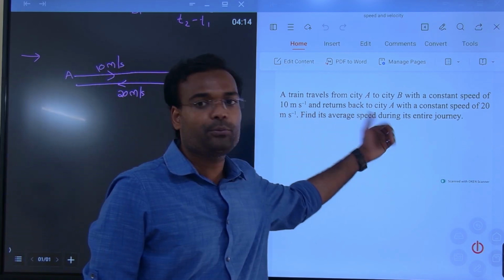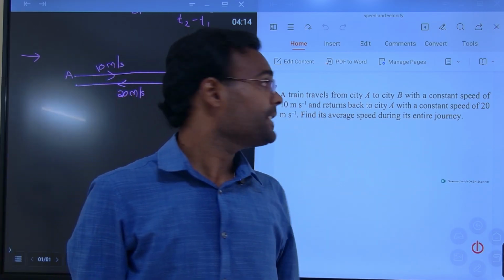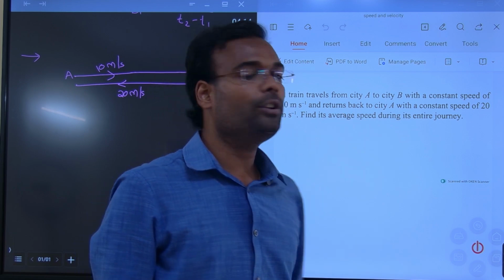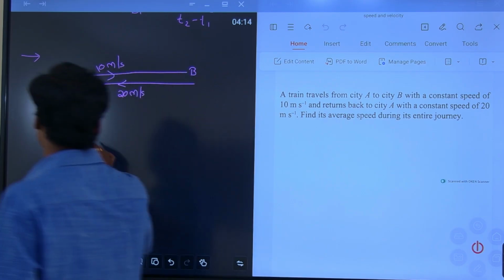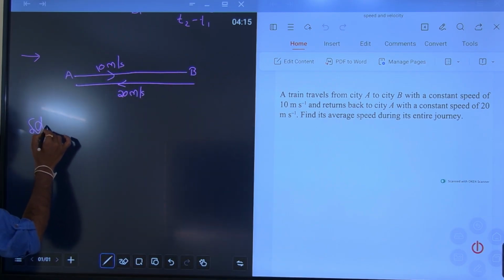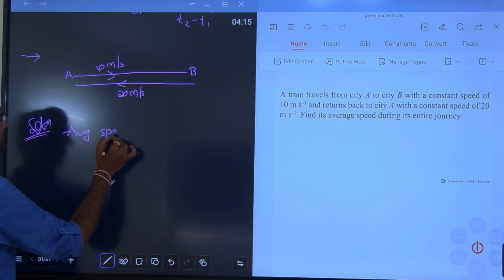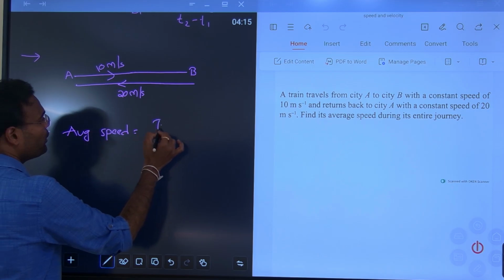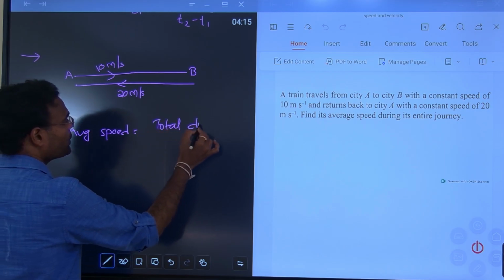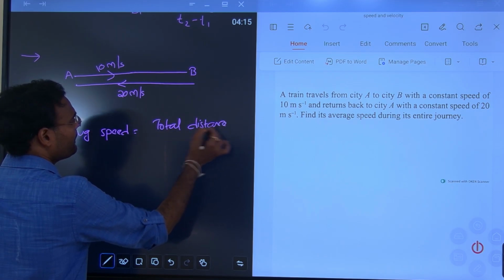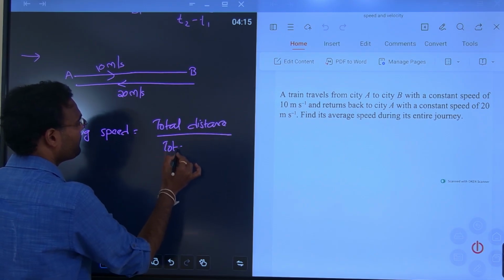Then they are asking us to find what will be the average speed during its journey. That means the formula for average speed is equal to total distance by total time.